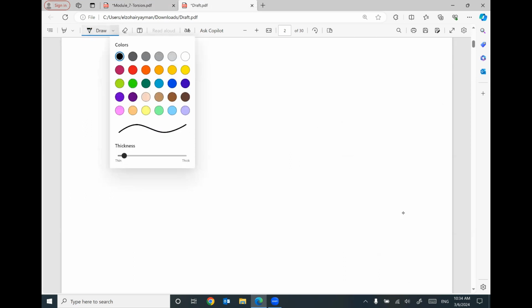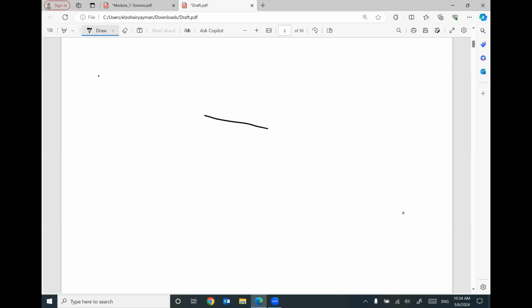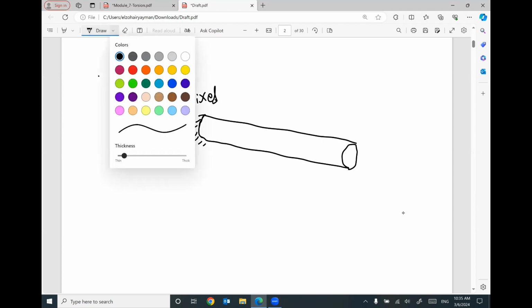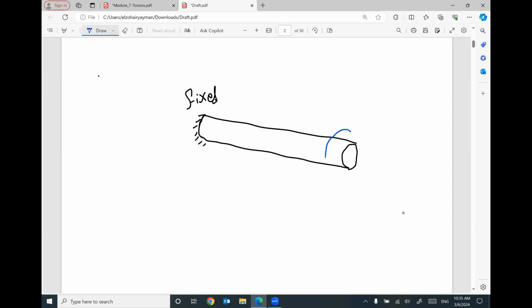Keep in your mind, originally we have this shaft, which is fixed from this end. Fixed means no change in any position at this section. The only change that will happen is due to the applied torque.